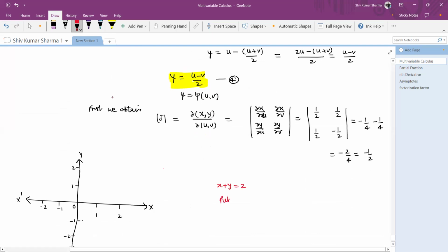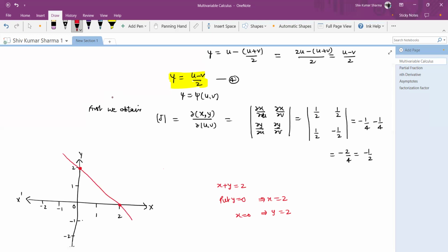Just put y equal to 0, which gives x equal to 2, and x equal to 0 gives y equal to 2. So these are the coordinates. We draw the line through them. This line represents x plus y equal to 2.